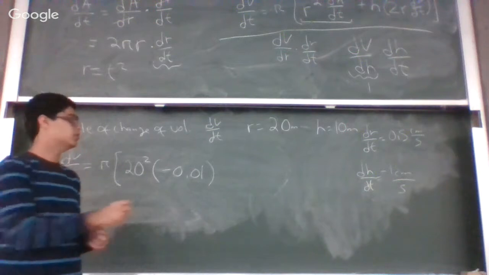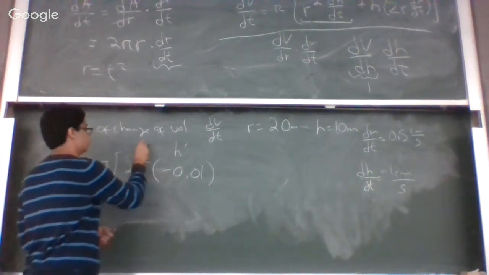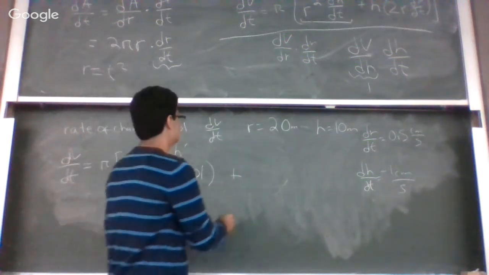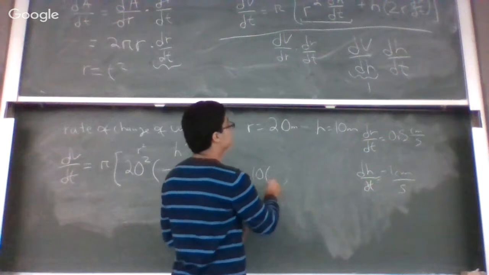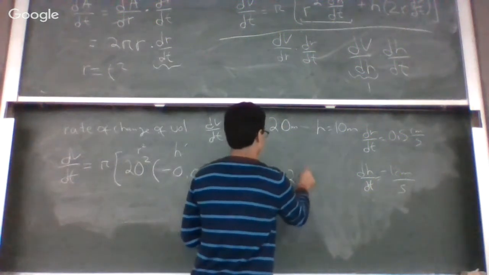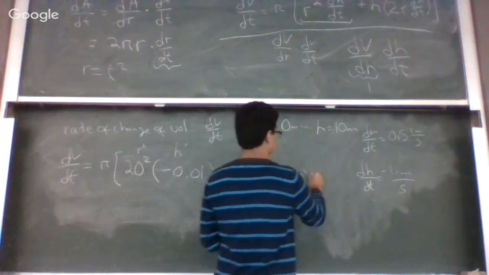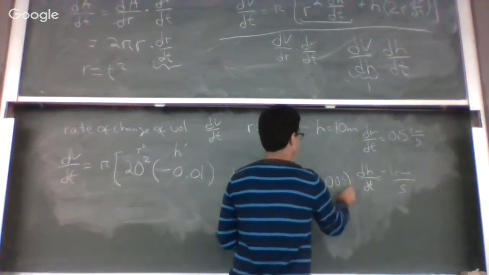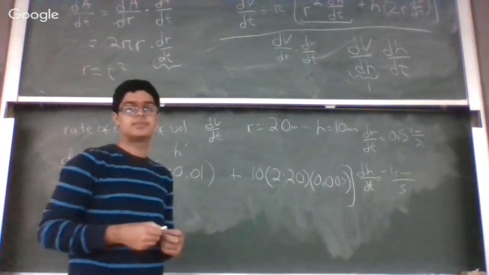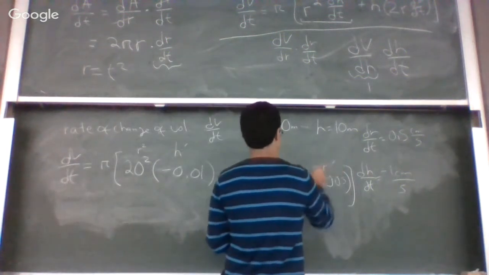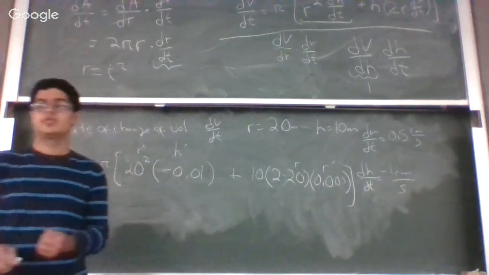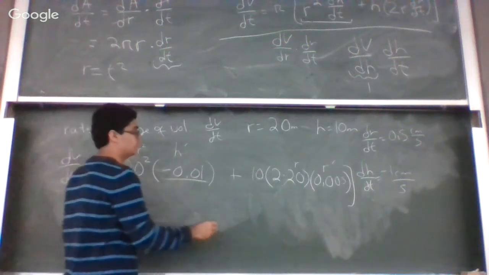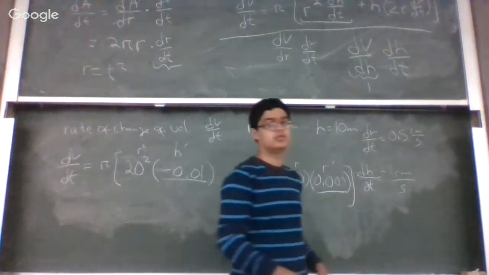This is h prime, this is r squared, plus height is 10 times 2 times r, 2 times 20 times dr dt, which is 0.005. So this is r prime. We just plugged and chugged, basically. We just needed to remember that this needed to be in meters while we were doing centimeters.